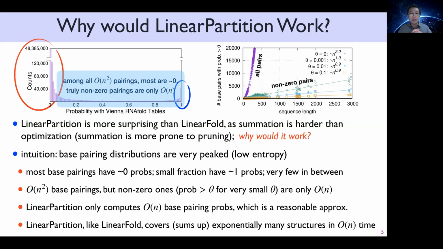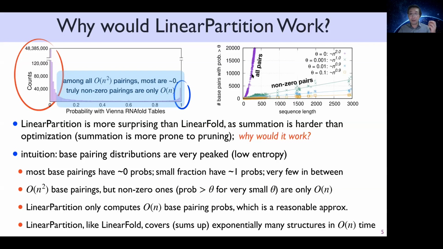The intuition is that base pairing probability distributions are still very peaked, or in other words, of low entropy, right? So each position i actually only has a few, or a constant number of, alternatives that it can pair with. If we plot the base pairing probabilities, most of them are close to 0, a few of them are almost 1, and very few are in between, right?